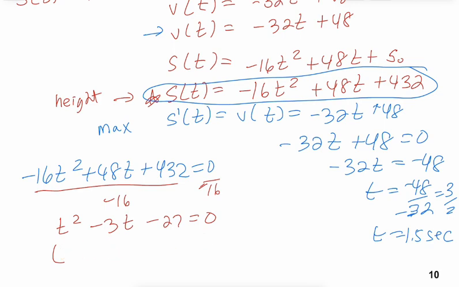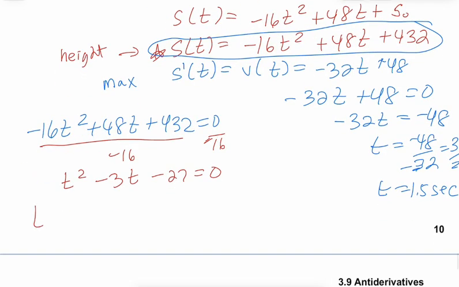Oh, that's so sad. We're going to have to use the quadratic formula. Okay, so it's negative b plus or minus the square root of b squared minus 4 times 1 times negative 27, which is 108, all over 2a, which is 2.